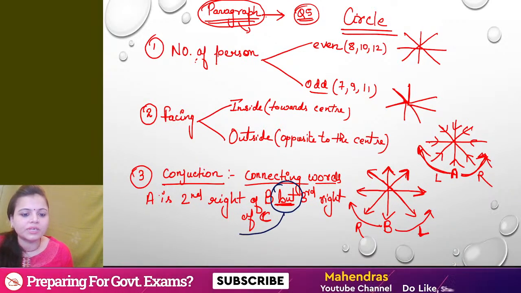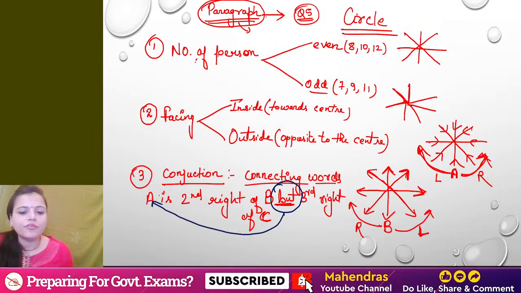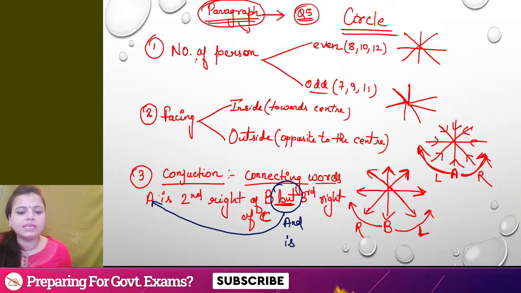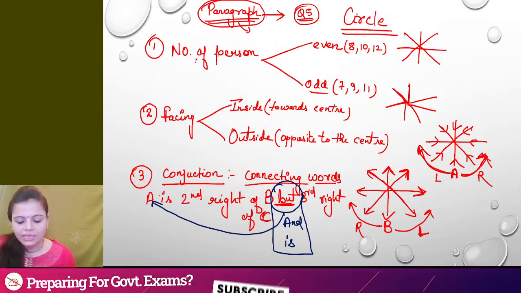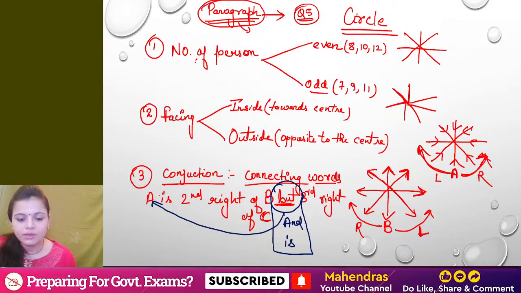This 'but' means the first person, that means A. 'And', 'but', 'is', these three words represent the first person.